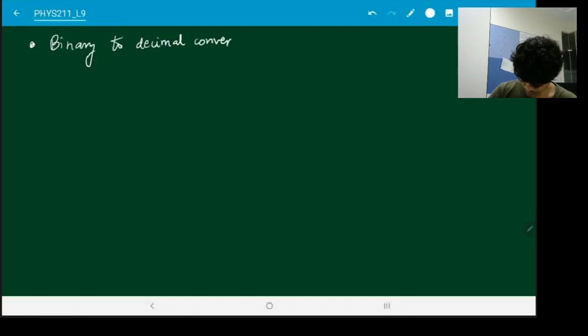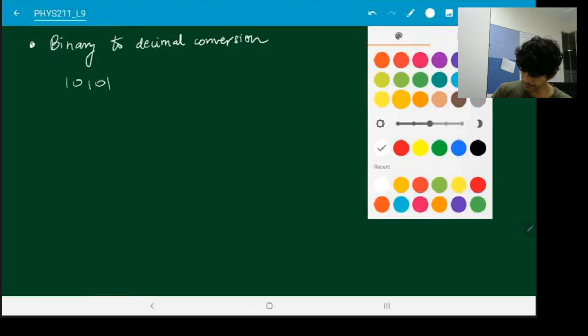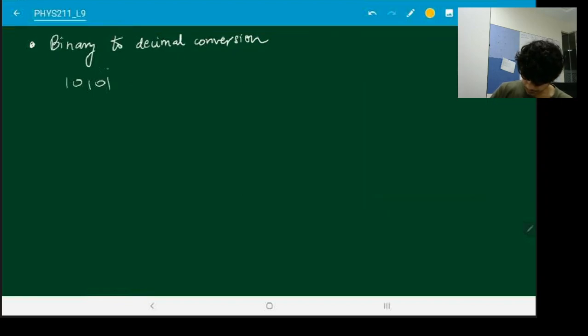So first, binary to decimal conversion. This is exactly how we discussed what I said before. So if I have the number 10101, then basically you know that this is the power of 2 to the 0, which is 1. This is the power of 2.